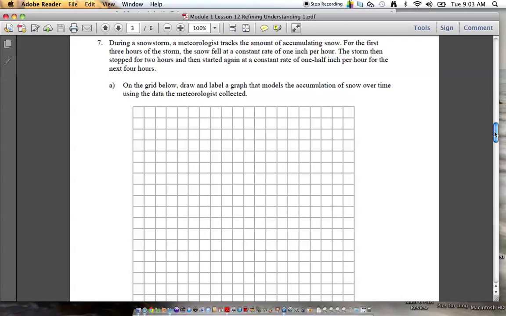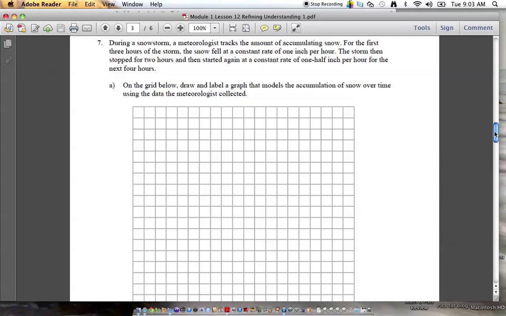Snowstorm, they said, first 3 hours of the storm, so good. Starting in 1 hour, next 4 hours. No, it's a half an inch in the next 4 hours. No, 1.5, so 1.5. It's just a half inch. Want to switch?